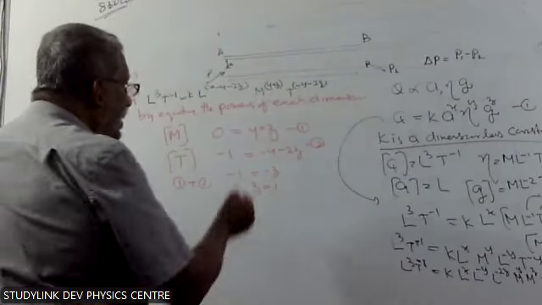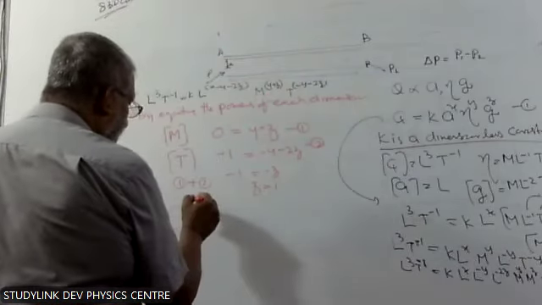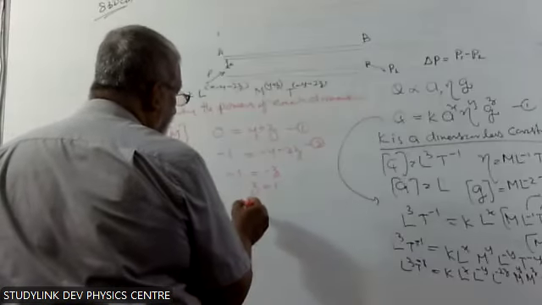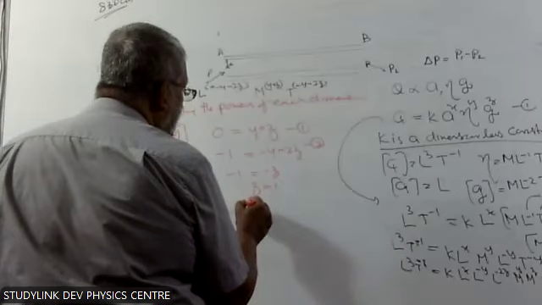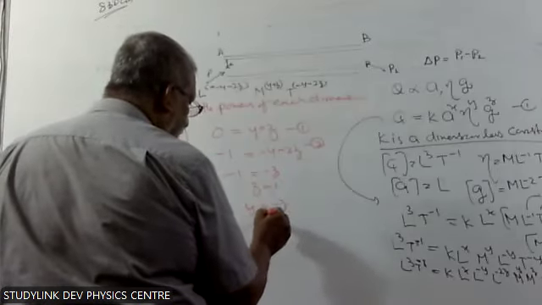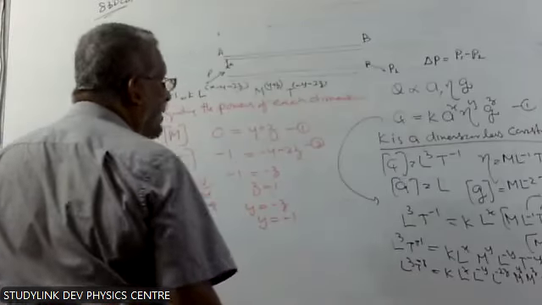Then from the first equation, Y is equal to minus Z. Therefore, Y is equal to minus 1.